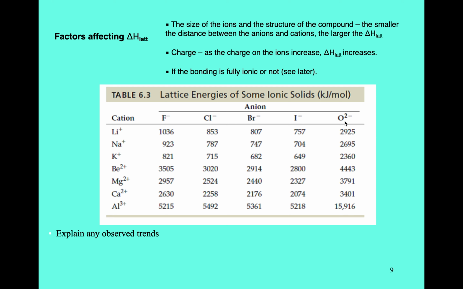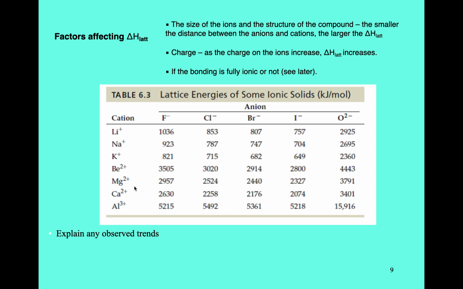You can see that in all of the elements. Look, to go from a fluoride to an oxide, it always goes up. Look at aluminium fluoride to aluminium oxide. We could also look at the charge on the cations. So lithium fluoride, magnesium fluoride, the charge on the magnesium.